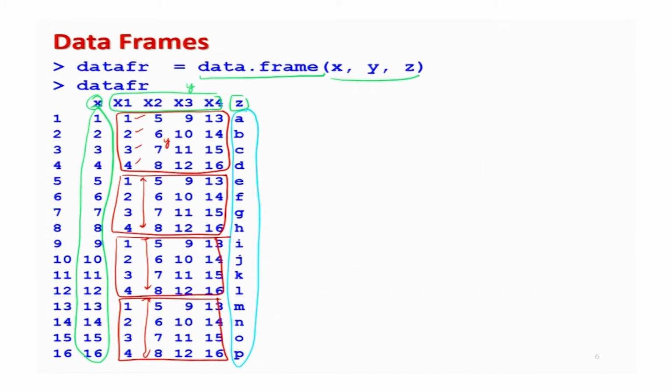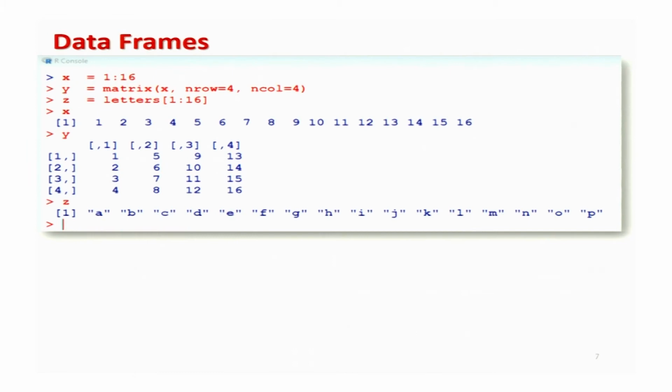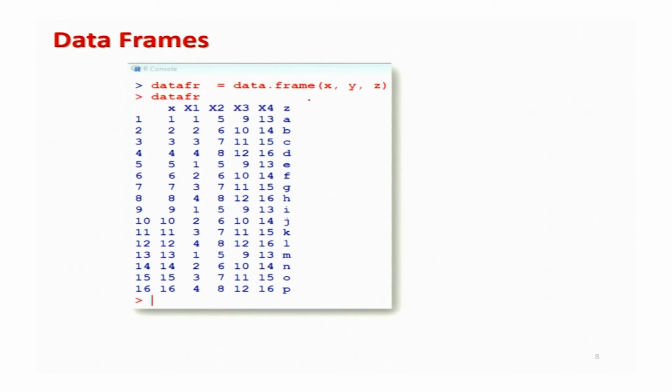Otherwise, R will try to adjust it automatically, and the way it adjusts is the thing you have to understand. So, you have to be extremely careful when creating a data frame. You can see here the screenshot of the same outcome, the data frame that you have just created.